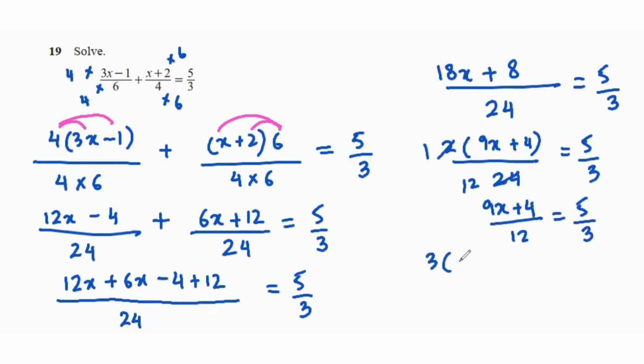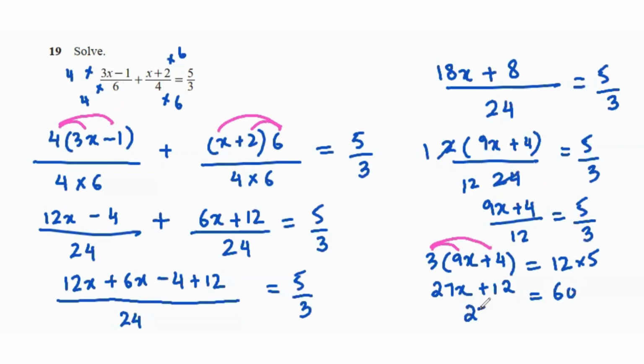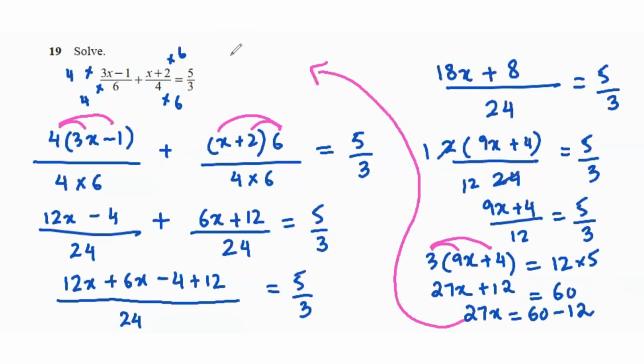Cross multiply. 3 times (9x plus 4) equals 12 times 5. 27x plus 12, because we multiplied 3 with 9x and with 4, equals 60. 27x equals 60 minus 12, which is going to give us 27x equals 48.